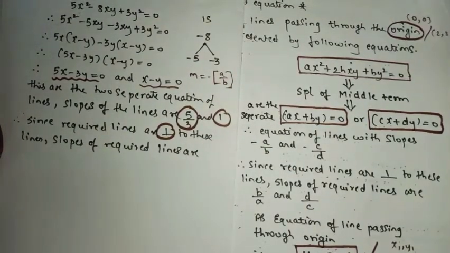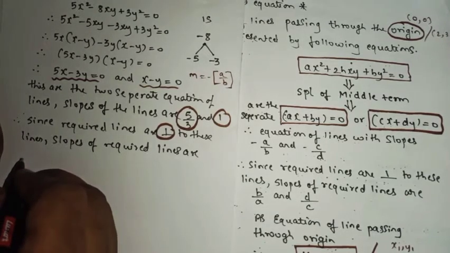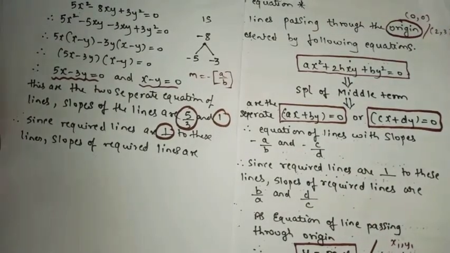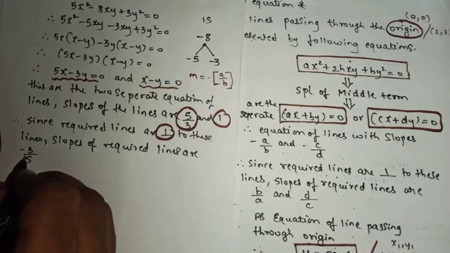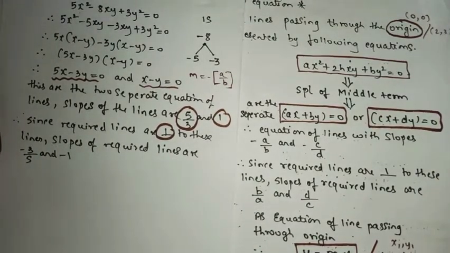So the required slopes with respect to the perpendicular condition will be what? What will we get? Minus 3 by 5 and minus 1. Got the point? Okay.